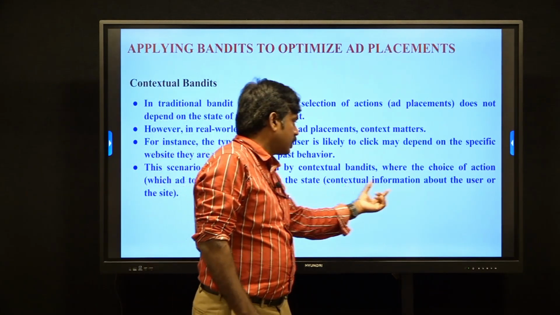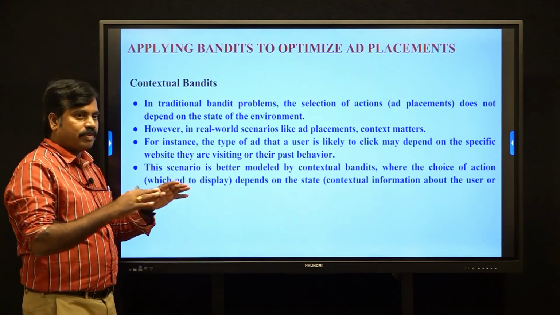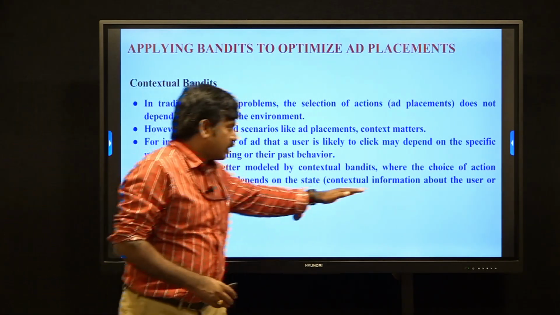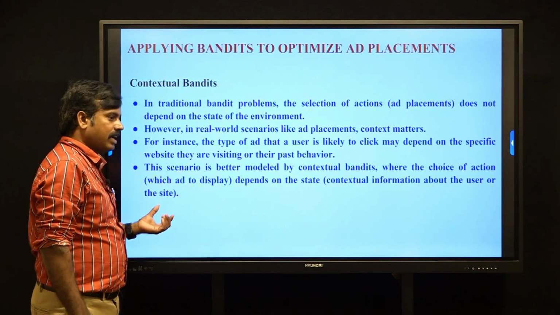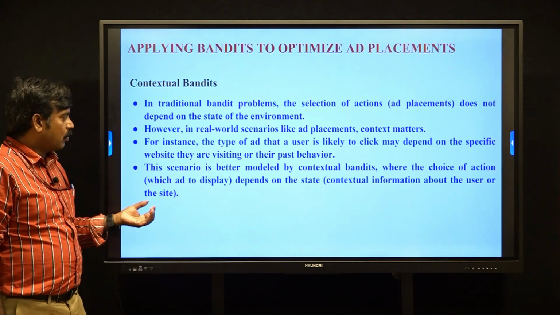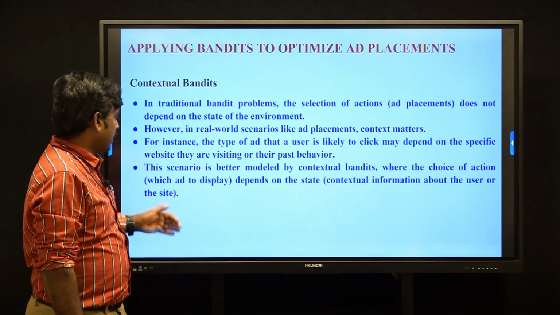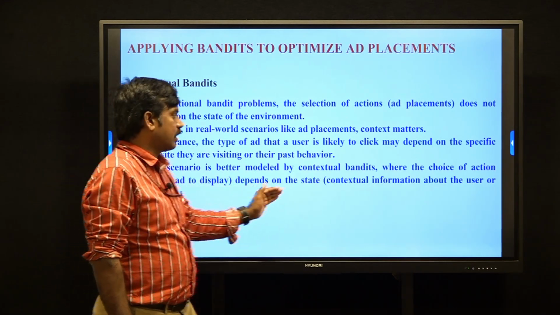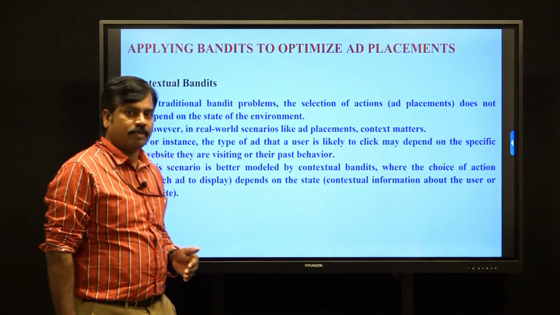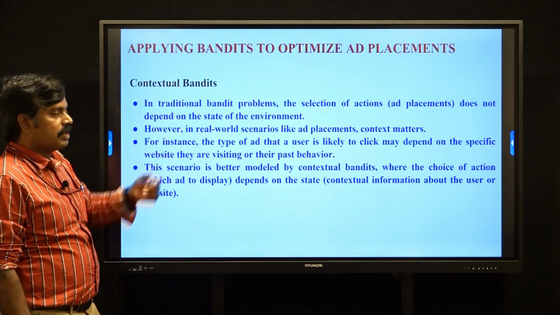The state is the contextual information about the user, like website usage or browsing history. The state of the environment, the contextual information about the user, plays the key role in contextual bandits.